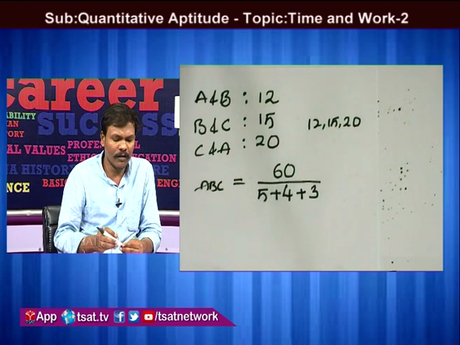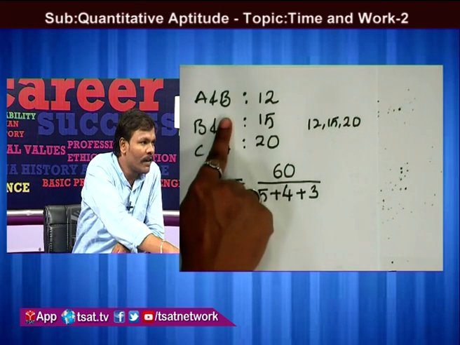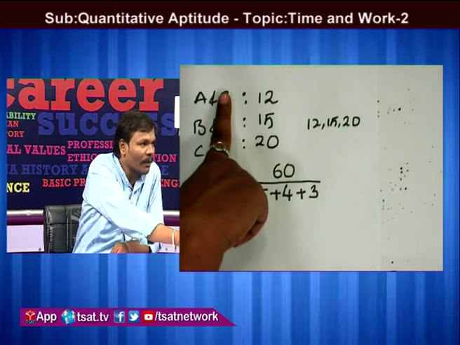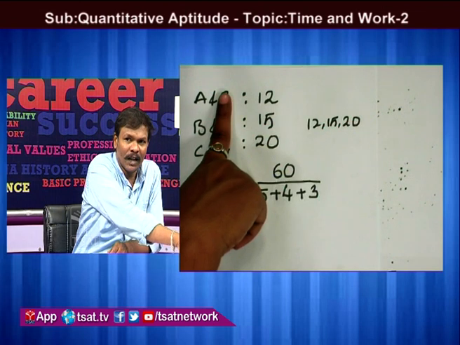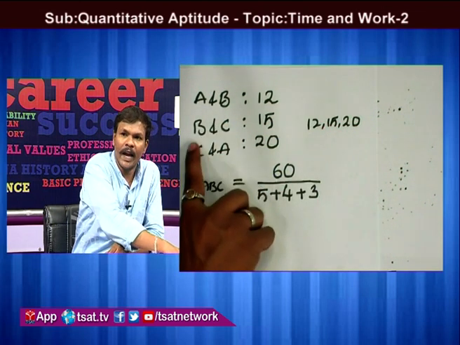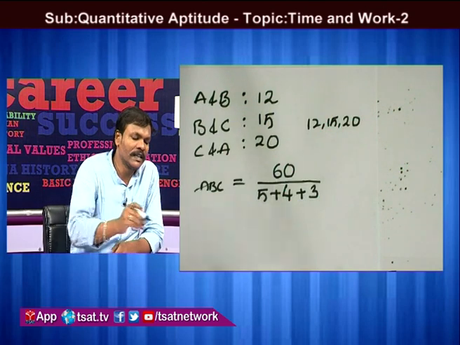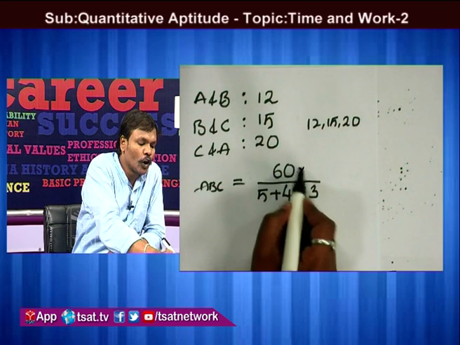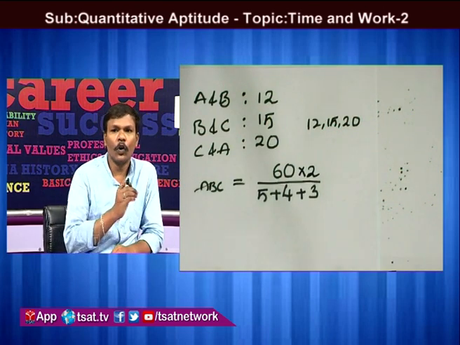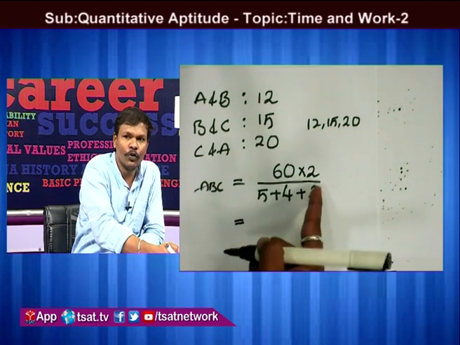In the previous model we have A only, B only, C only. In each case only one person. But in this model we have both persons. When we have both persons, simply take 2 in the numerator.